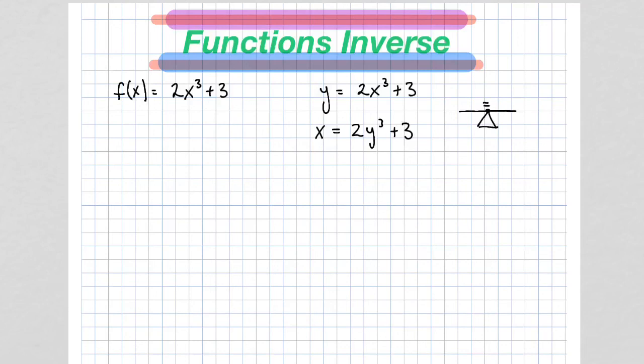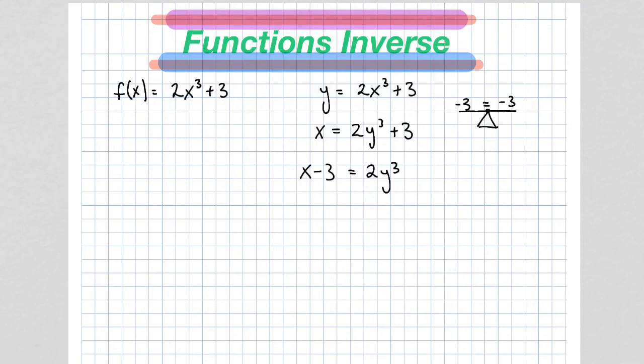Here's your equal sign. So we subtract 3 here, we need to subtract 3 here. This is the idea that I was telling you, transpose and apply, reverse engineering. If I subtract something here, I need to subtract it from this side. So we have x minus 3 equals 2y cubed.